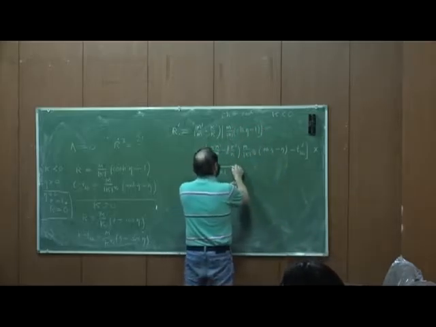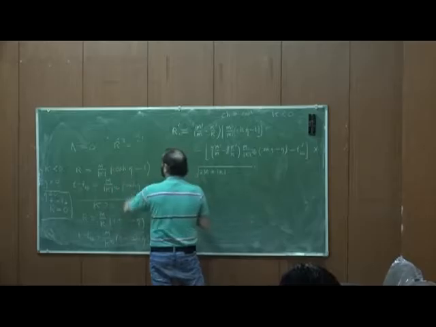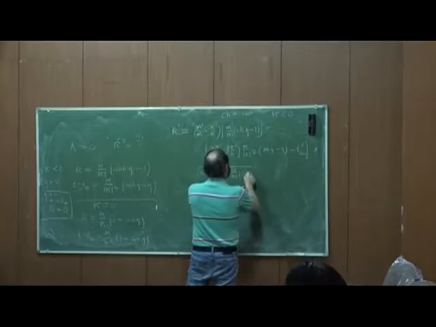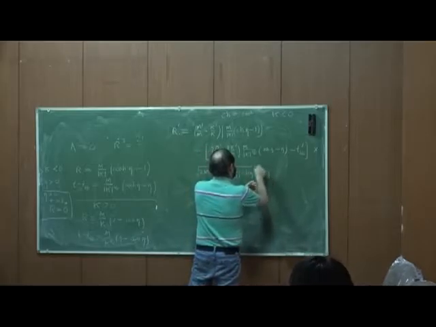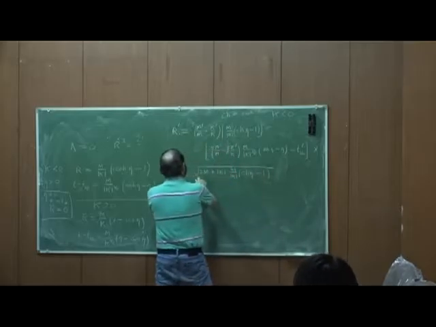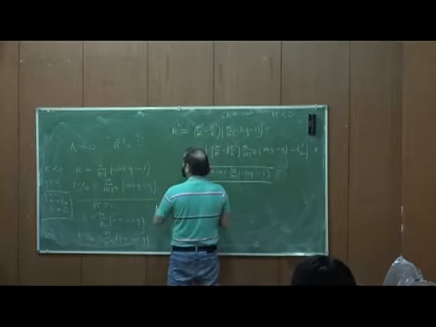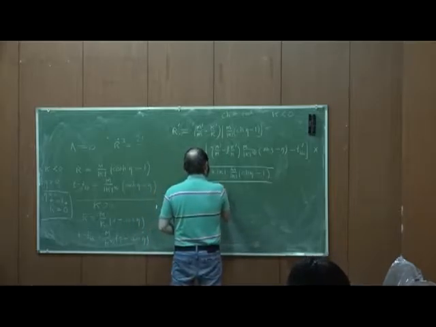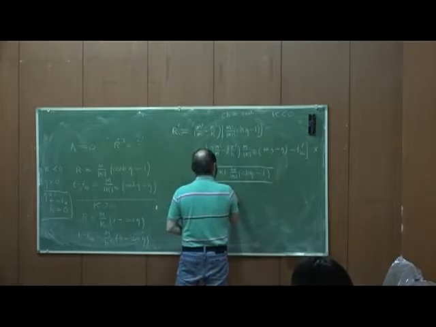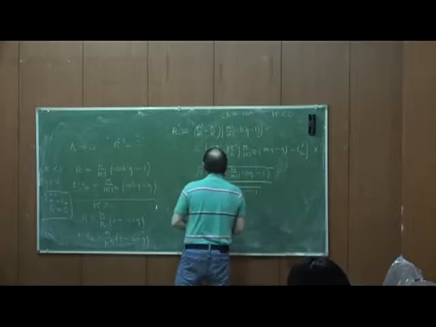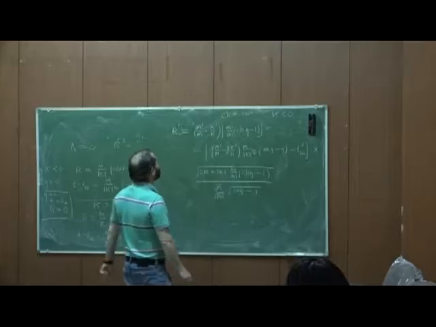So multiplying r, but r is this. And then this is divided by the square root of r, which is the square root of m, the square root of k. So that's r prime.